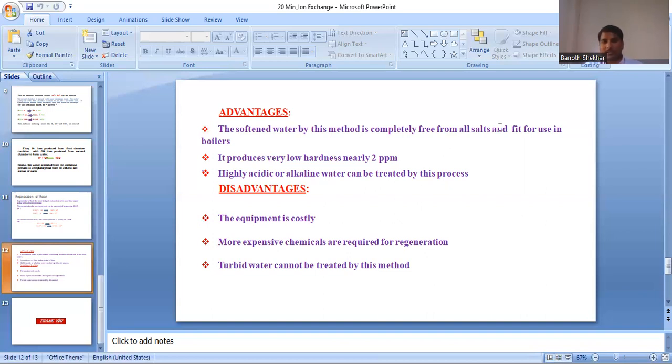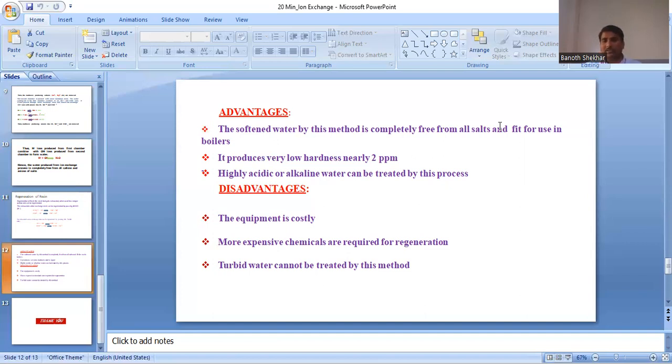But along with advantages, we have some disadvantages also. But the disadvantages are very minimal. For example, if you see in this process, we are using polymers. The polymers we call membranes. Those membranes are a little bit costly. The equipment is costly.